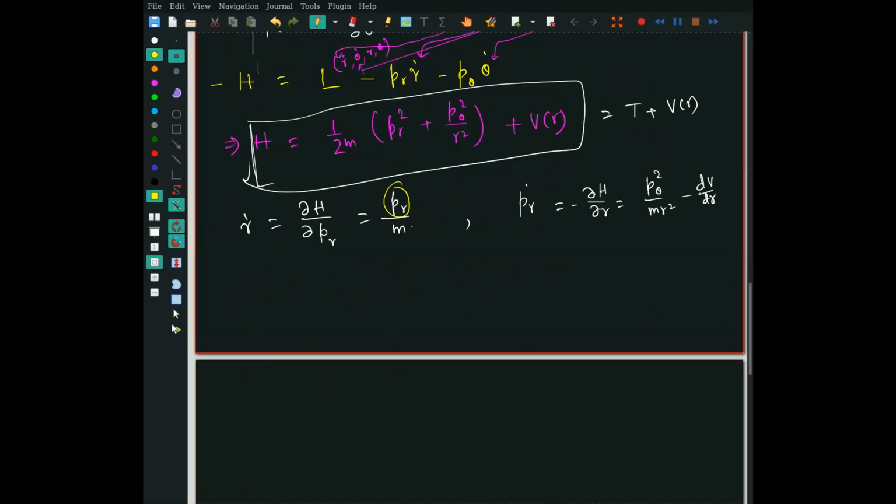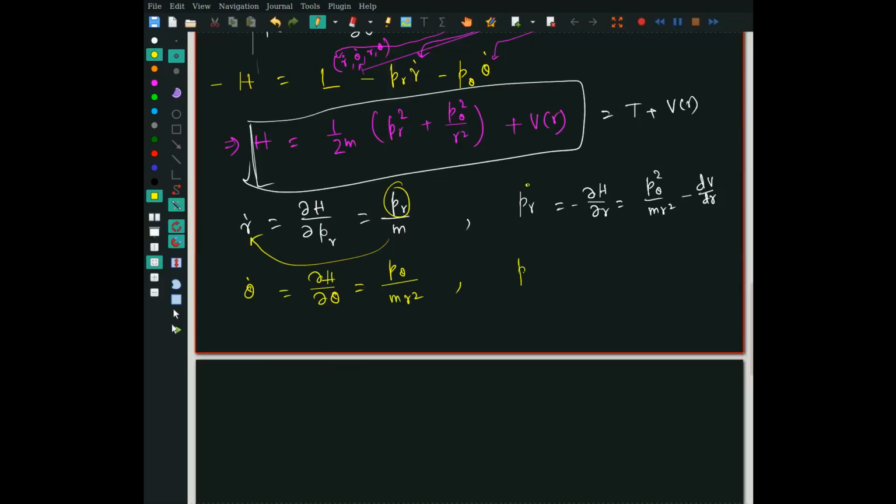So here you get pr equals m times r dot, which is the definition of linear momentum, and that gives you the force law in the radial direction. Again, for the theta direction, you similarly get theta dot equals del H del p theta, which is p theta over m r square, and p theta dot equals minus del H del theta, which equals 0.